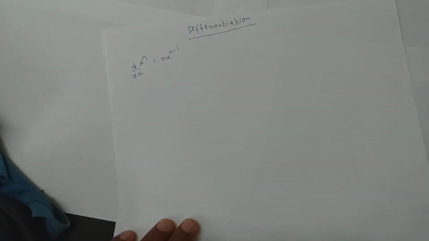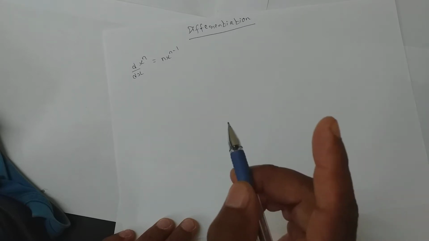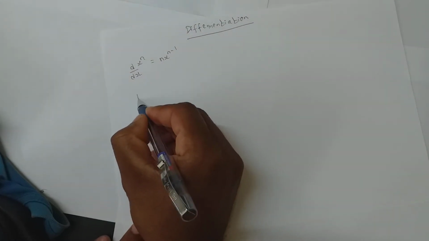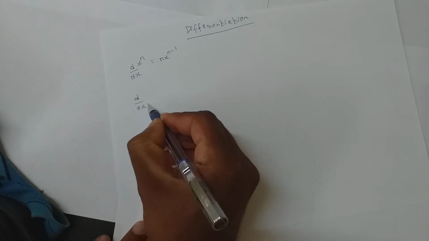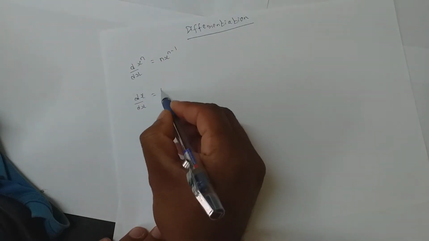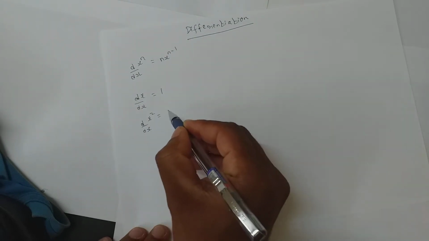Now, extension to it. What you will be learning in A level is differentiating the internal part. What I mean by internal part, you see here. d by dx of x, how much do you get? 1. d by dx of x square, how much do you get?